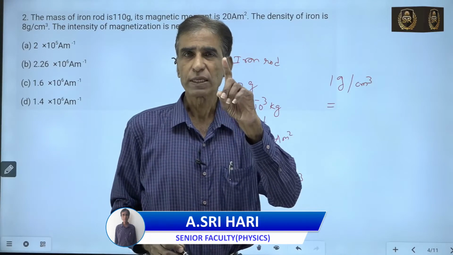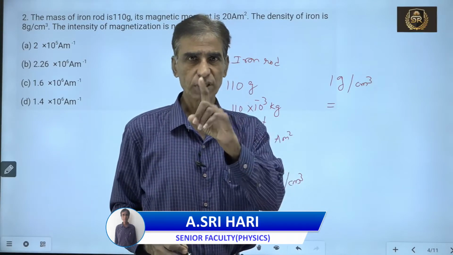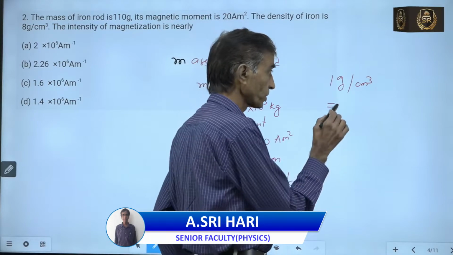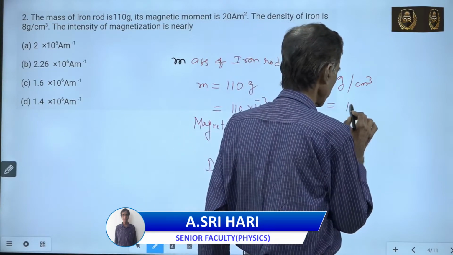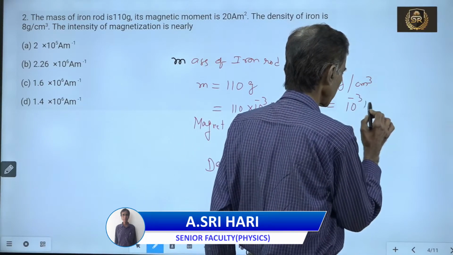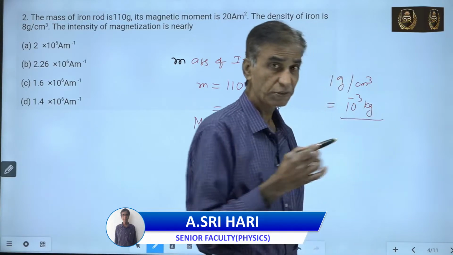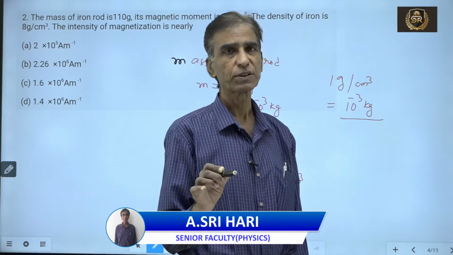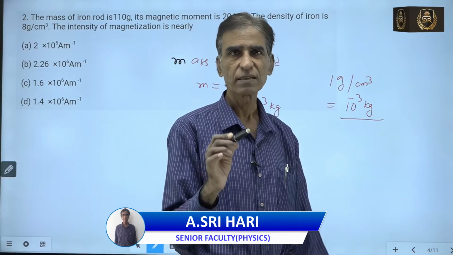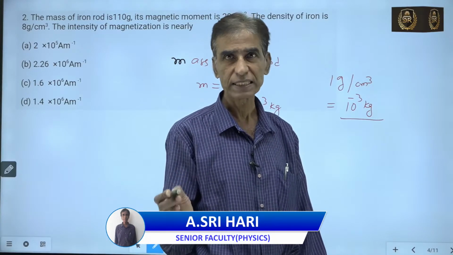Because 1000 gram equal to 1 kilogram. Therefore, this will become 10 power minus 3 kilogram divided by, now we have seen 1 centimeter cube means what? 1 centimeter by 1 centimeter by 1 centimeter.